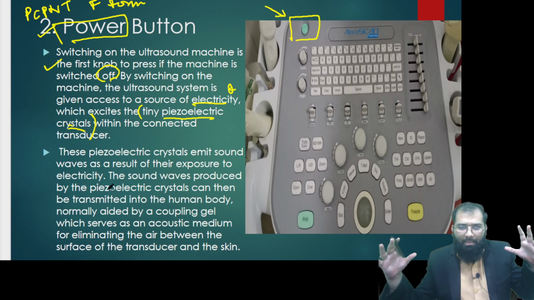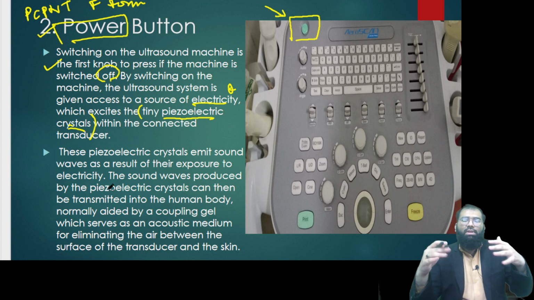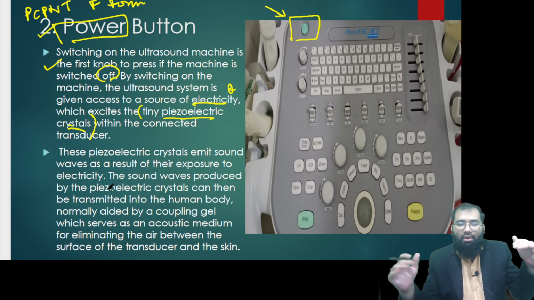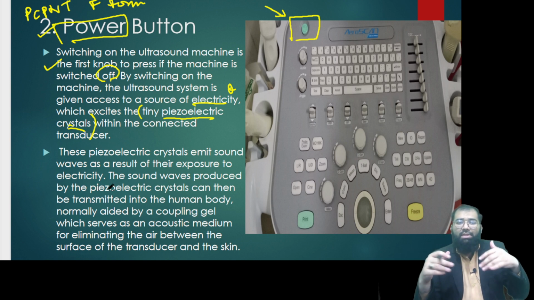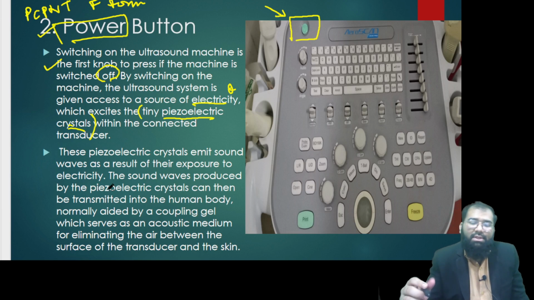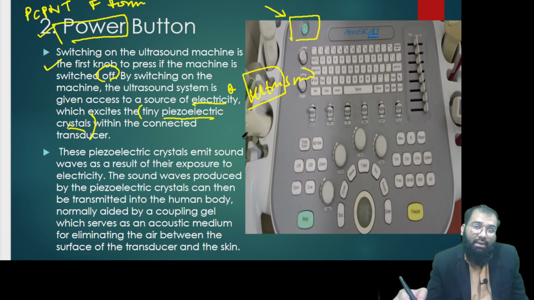When you pass electricity through these crystals, they change their shape, and because of this change in shape, they generate special waves which are ultrasonic waves, and these are ultrasound. Okay, ultrasound cannot be heard by the human ear, very important. Okay, because the frequency is more than 20,000 hertz.